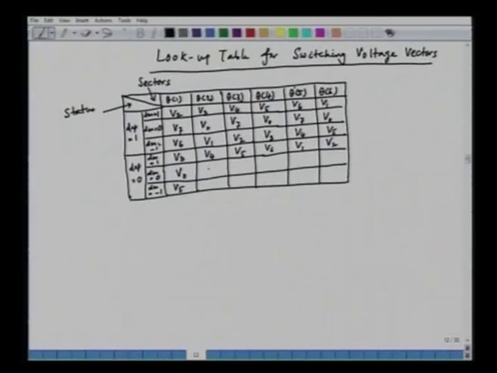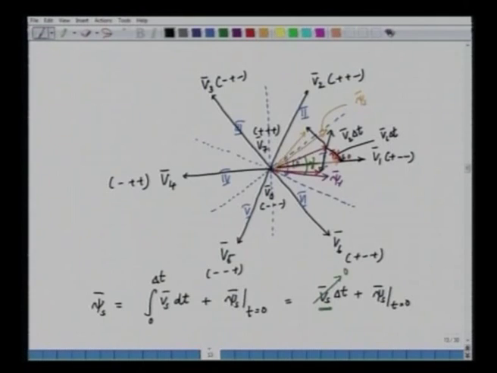because it is easier to switch to V7 from one vector and it will be easier to switch to V0 from the other vector. So, we can similarly do here V7, it is easier to switch from V4 to V7. What is V4? If you see that V4 is minus plus plus. So, we can easily move to V7, that is plus plus plus from minus plus plus.